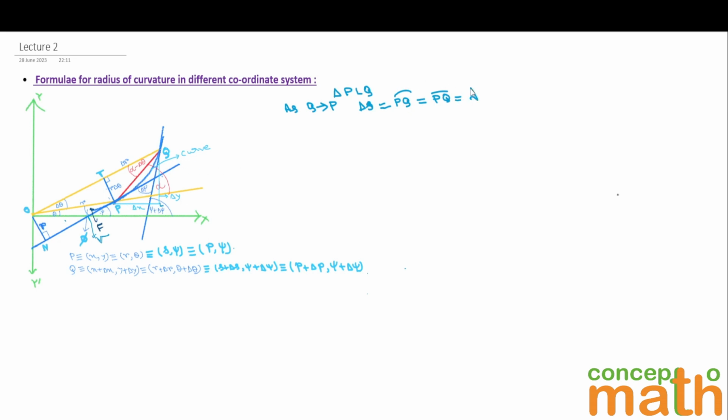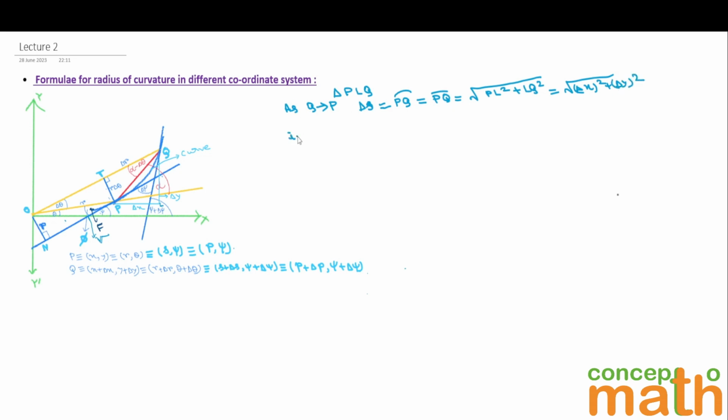which is by Pythagoras theorem equal to PL square plus LQ square. Now PL square plus LQ square is delta x whole square plus delta y whole square.